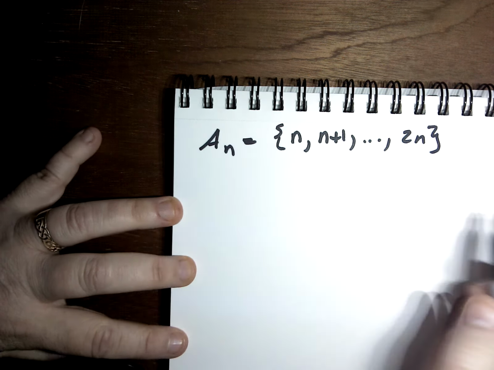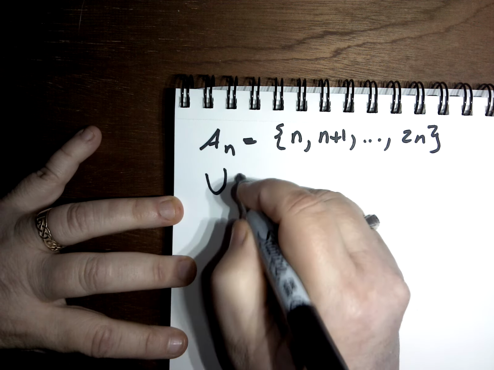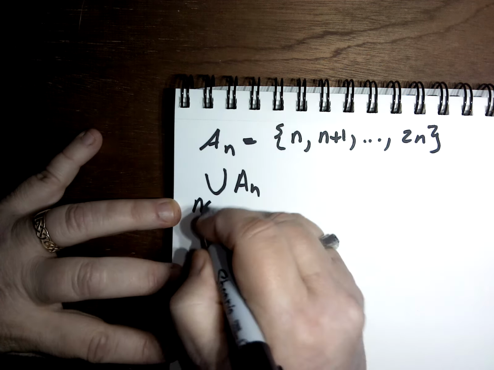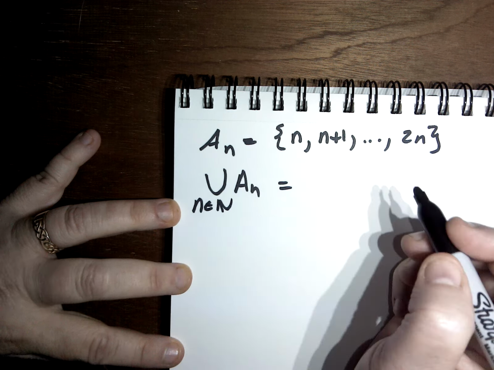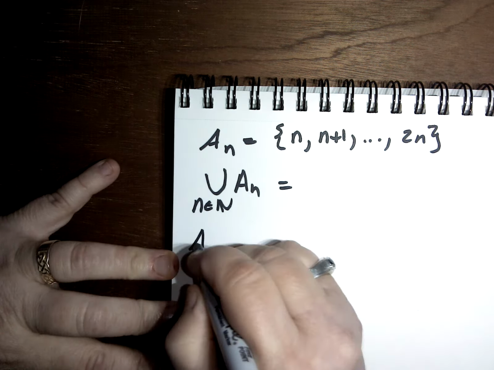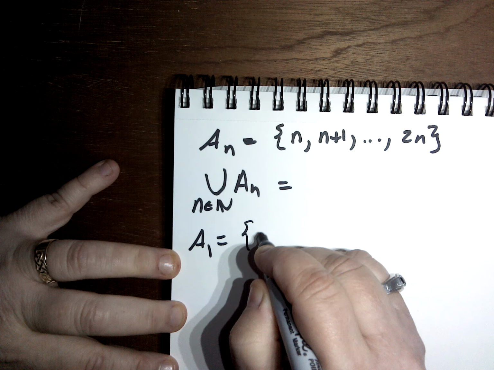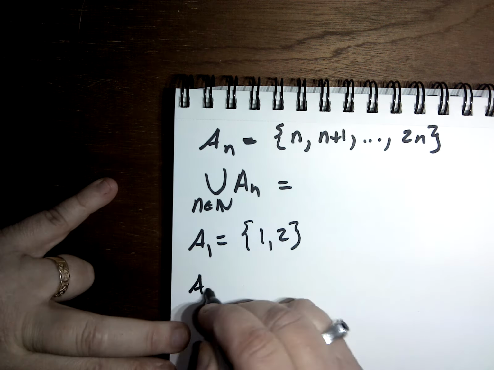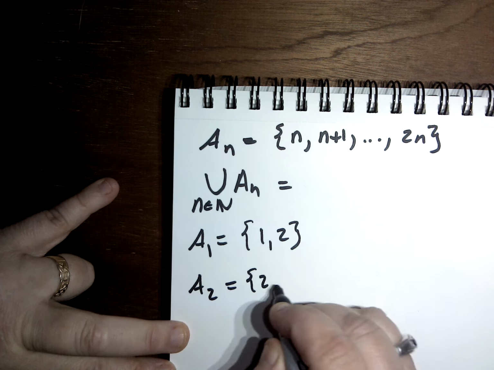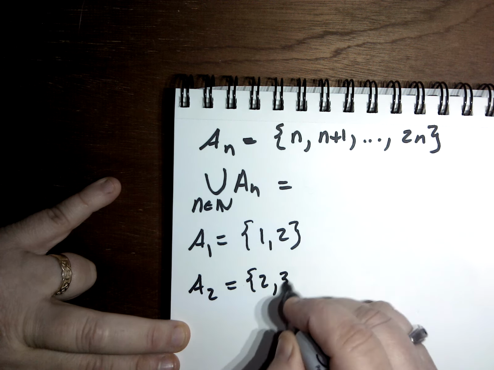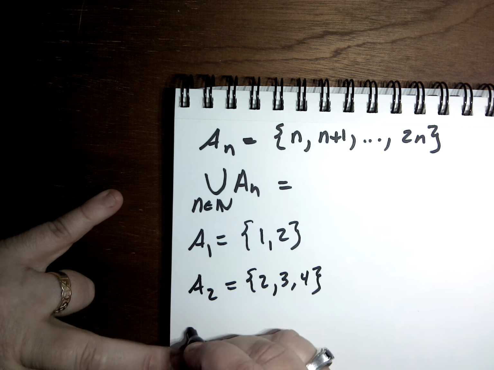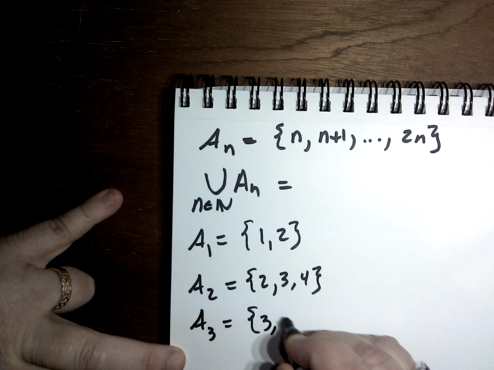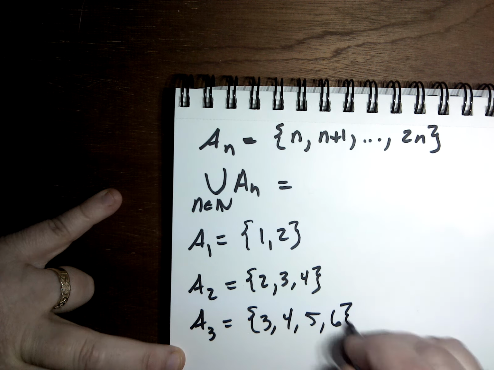Then I would say, if I want the union of everybody, n, let's say n is a natural number. What does this mean? Well, let's see what we got. A sub 1 is the set containing 1, 2. A sub 2 is going to start with 2 and then go to 2 times 2, which is 4. A sub 3 equals 3, 4, 5, 6, etc.